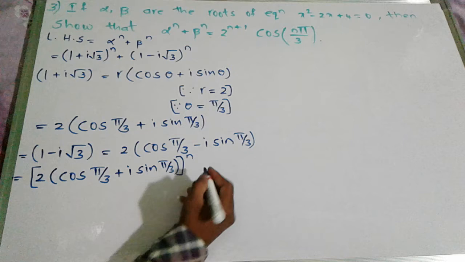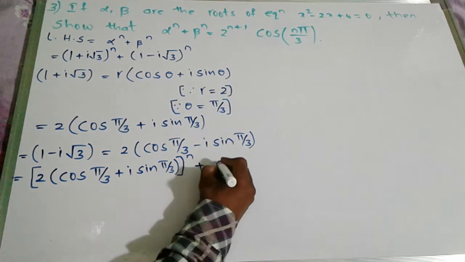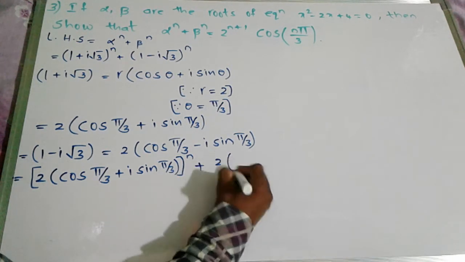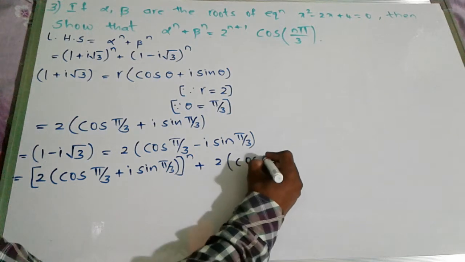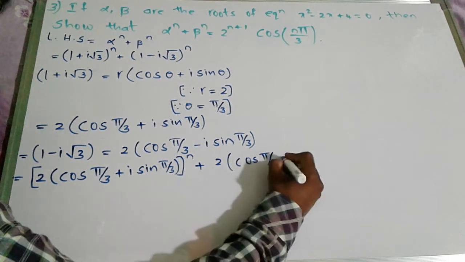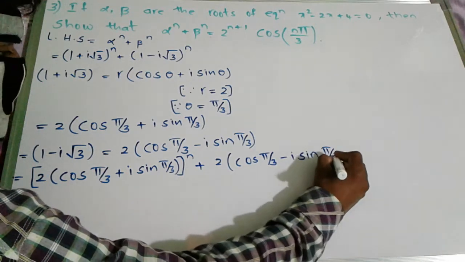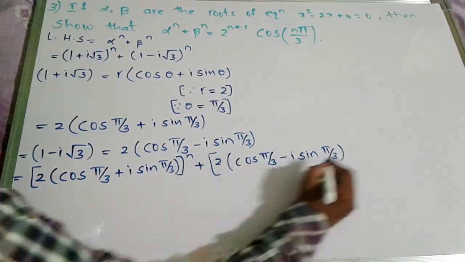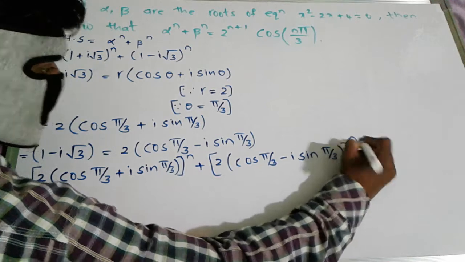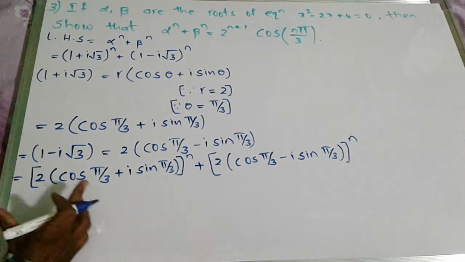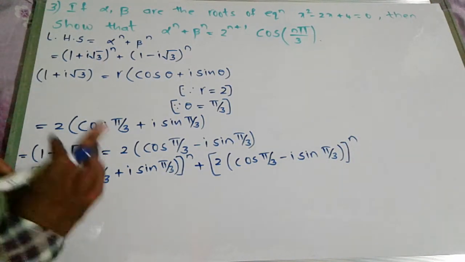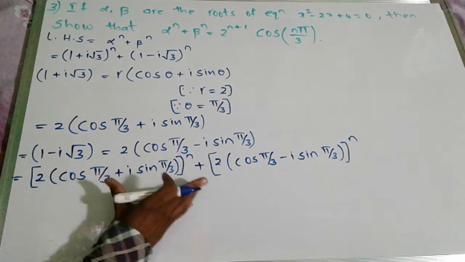Here we have n, right? And plus 2(cos π/3 − i sin π/3) whole power n. So in this step we have to apply de Moivre's theorem, right?